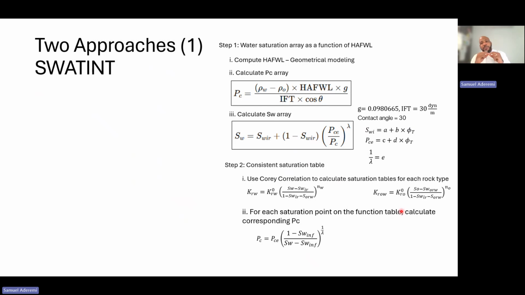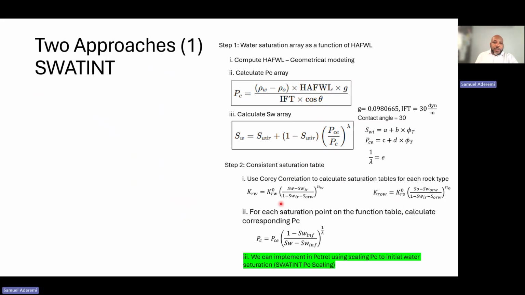And this is a very important integration, where we make sure that regardless of the method that we use, whether SWATINIT or J-function, we can maintain the consistency between the saturation height model and the saturation function tables that we're going to use in our reservoir simulation model.